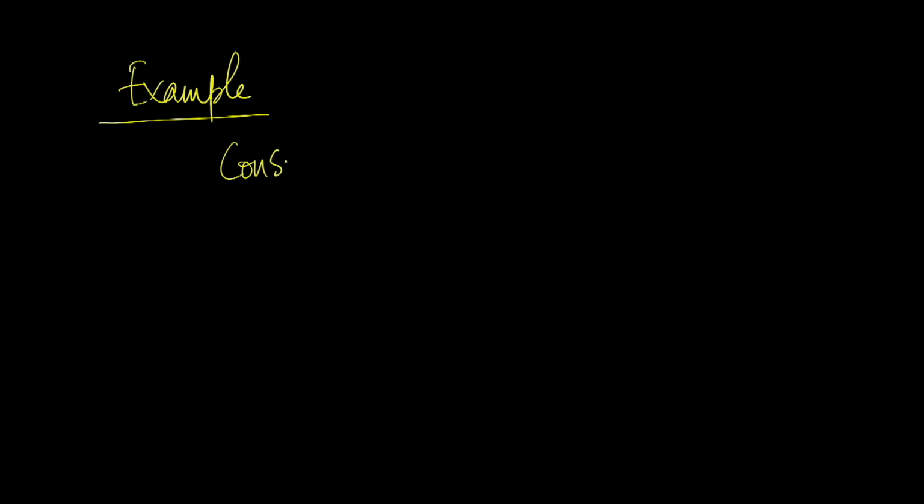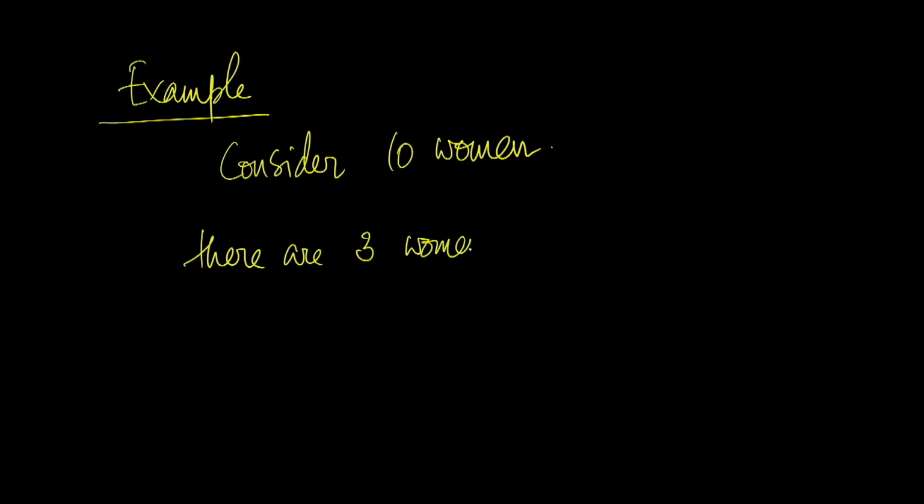So, as an example, consider 10 women. Among them there are 3 women who form a grandmother, mother, daughter triplet. So, there is a chain of descendants of length 3.